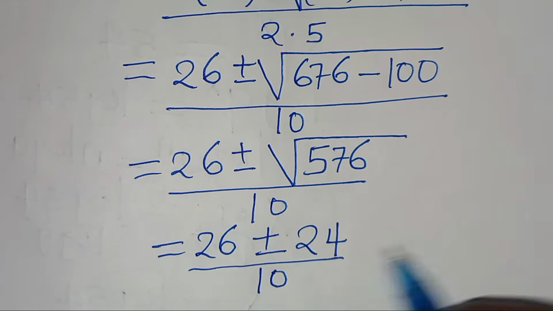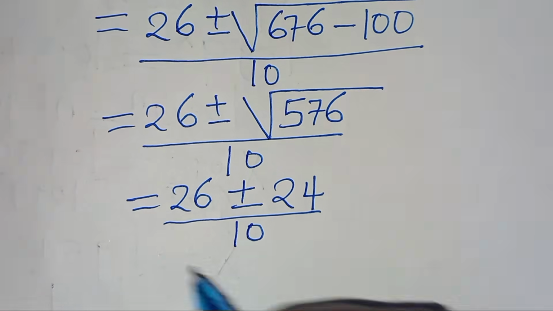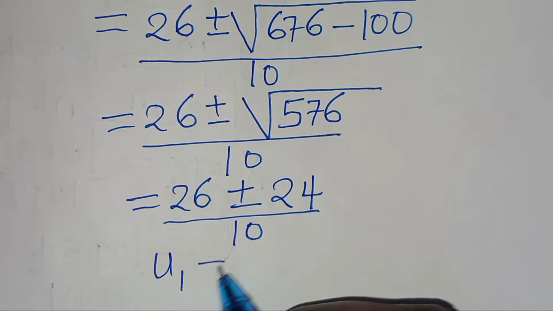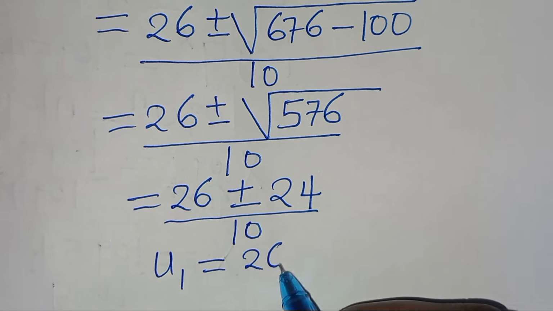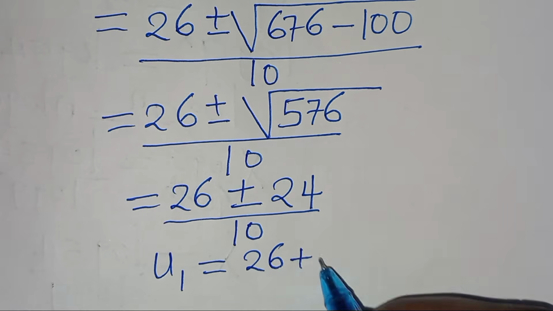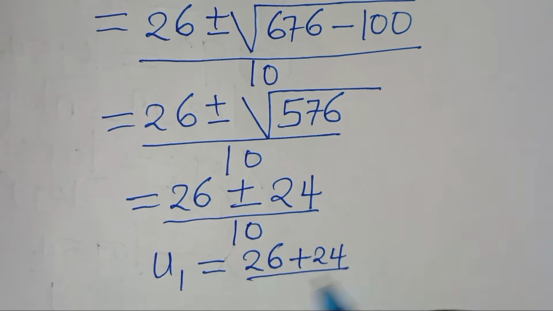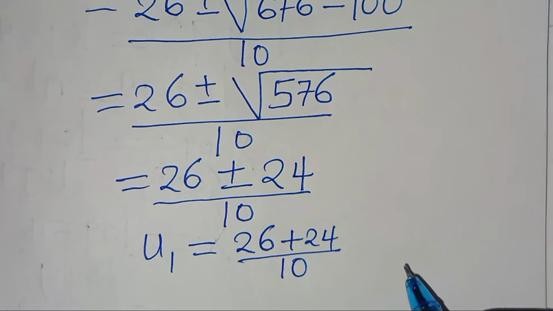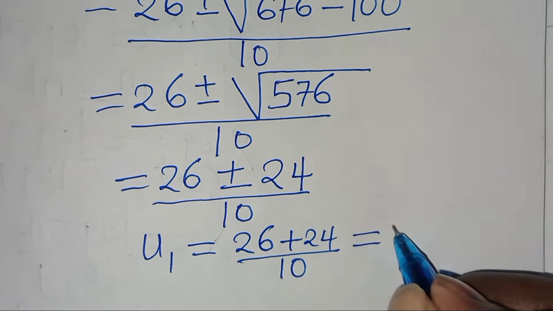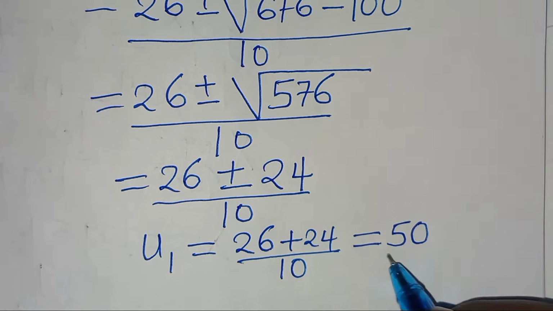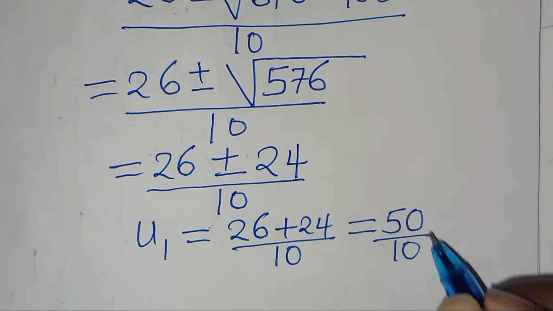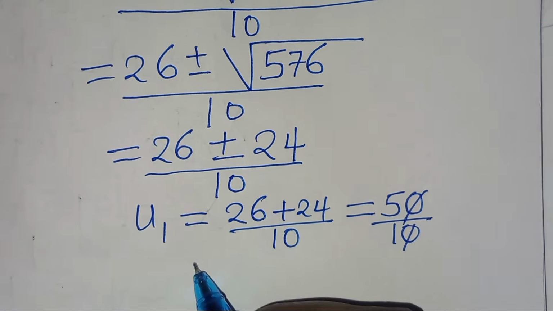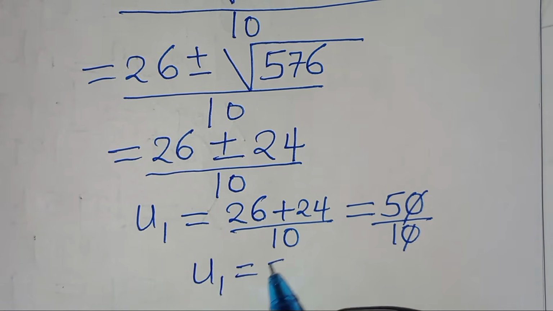So this implies that u1 is equal to 26 plus 24 divided by 10. So 26 plus 24 is equal to 50 divided by 10, and this implies that u1 is equal to 5.